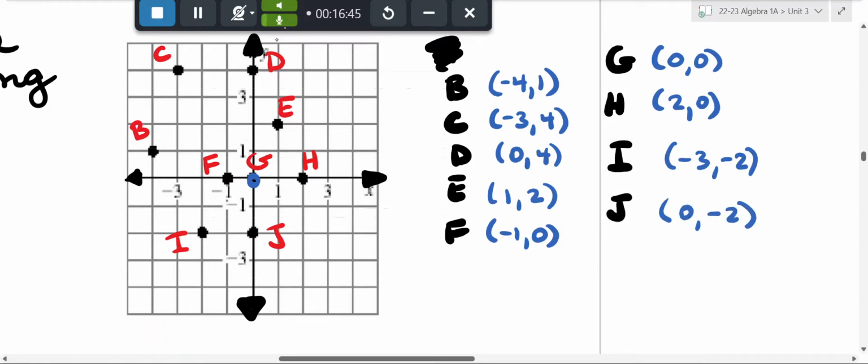All right. And so this is what you're looking for. You're looking for your X values, and you're looking for your Y values.